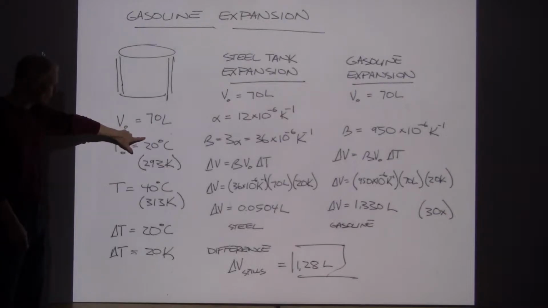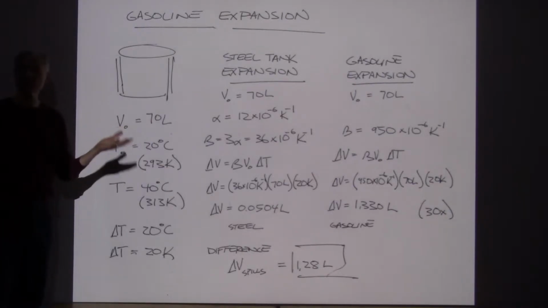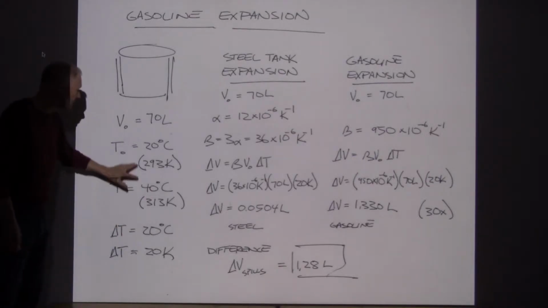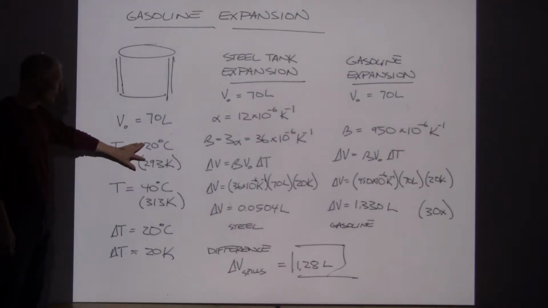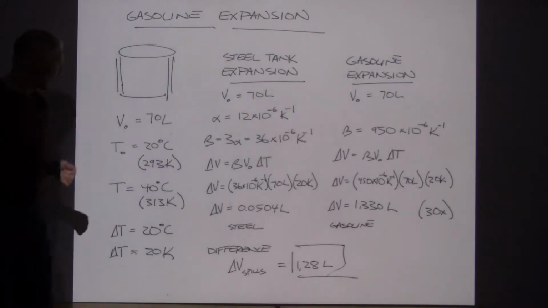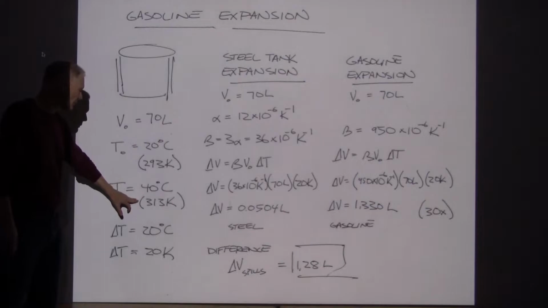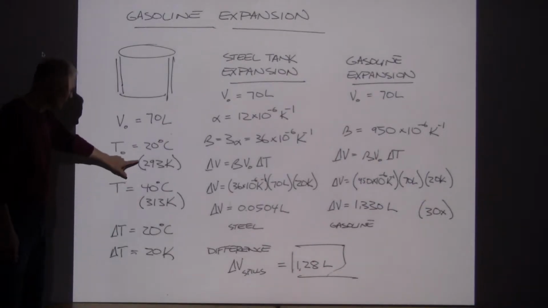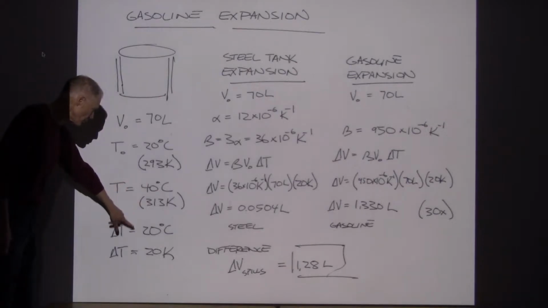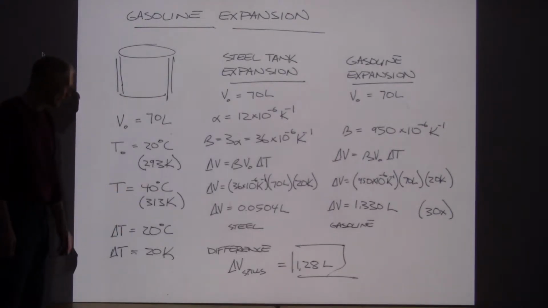If I start off at 20 Celsius and the temperature goes up to 40 Celsius, that's an increase of 20 Celsius. Now, if I start off at 20 Celsius, in kelvins, that would be 293. And if I end up at 40 Celsius, that would be 313. Well, if I work with the 293 and 313 numbers, that gives me an increase of 20 kelvins.